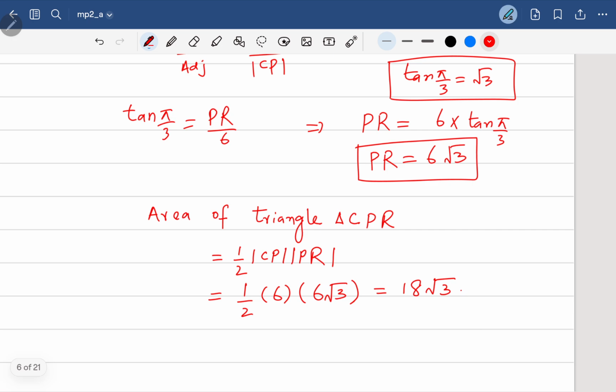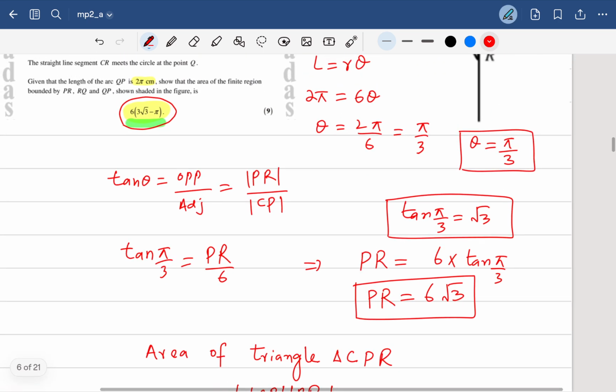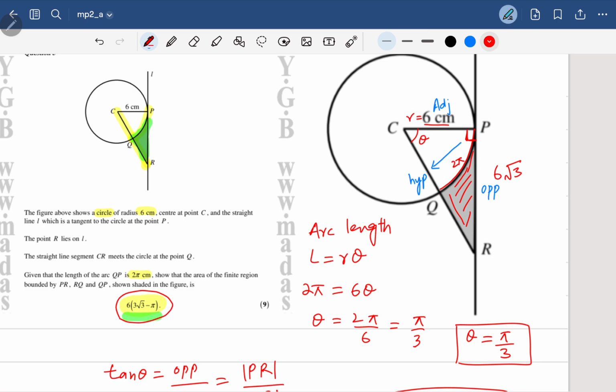So now we can work out the area of the sector CPQ. The formula for the area of the sector should be half times r squared theta.